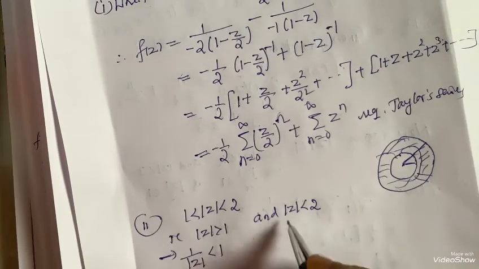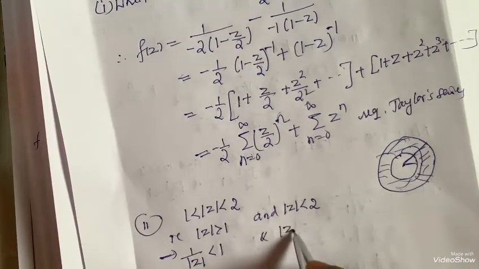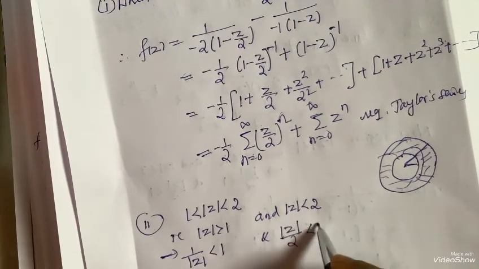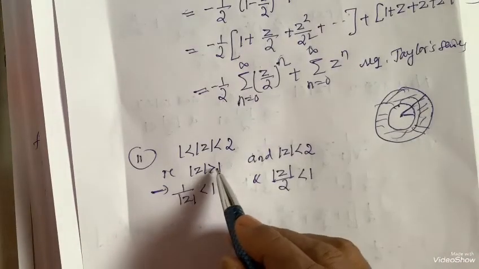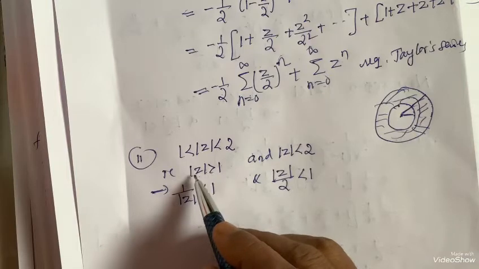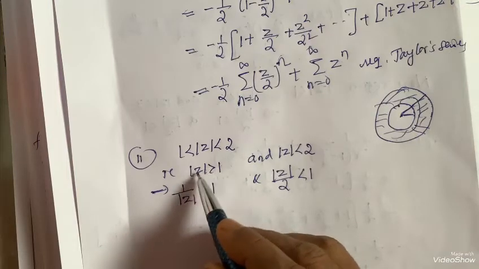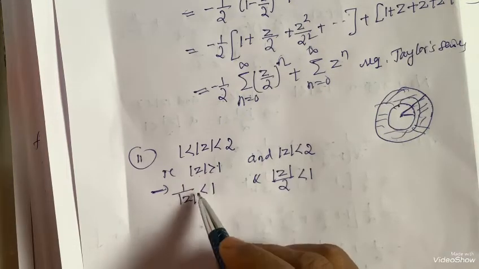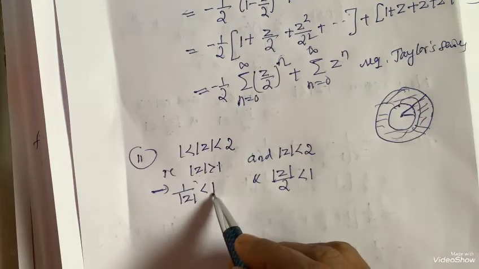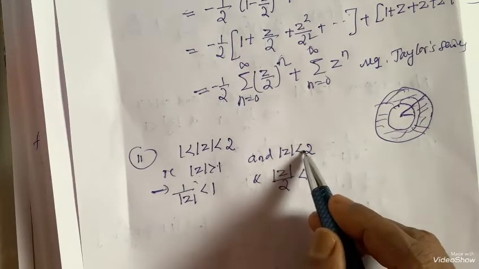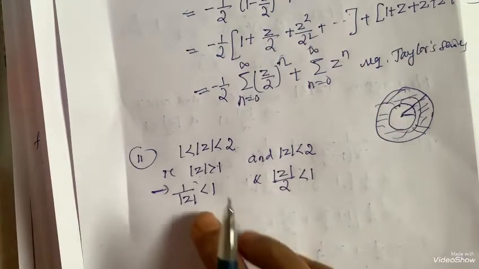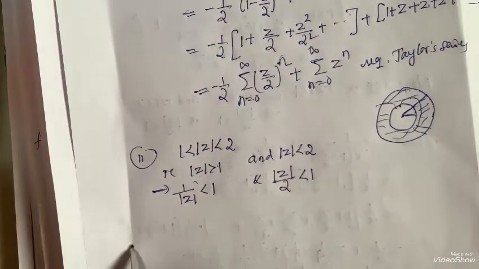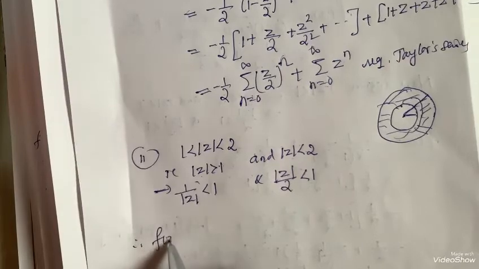Here mod z more than 1 means 1 by mod z less than 1, and mod z less than 2 was already there earlier, so mod z by 2 is less than 1. So for the first factor, therefore, f(z) is what?